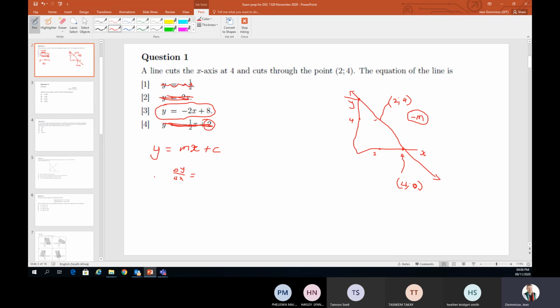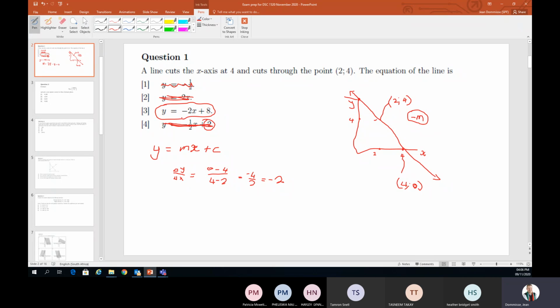So we could say the change in y is 0 minus 4, and the change in x is 4 minus 2. So we have minus 4 over 2, which is minus 2.